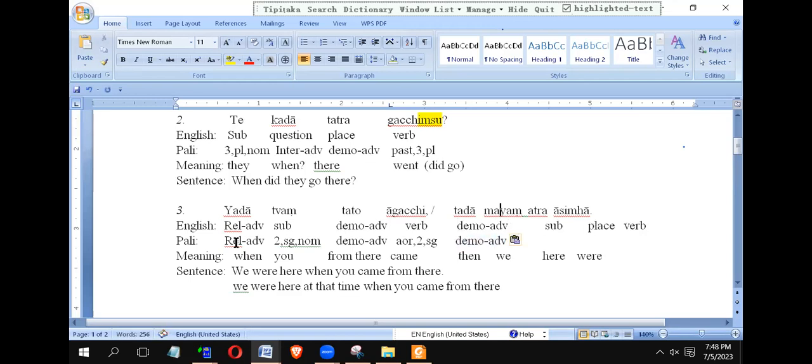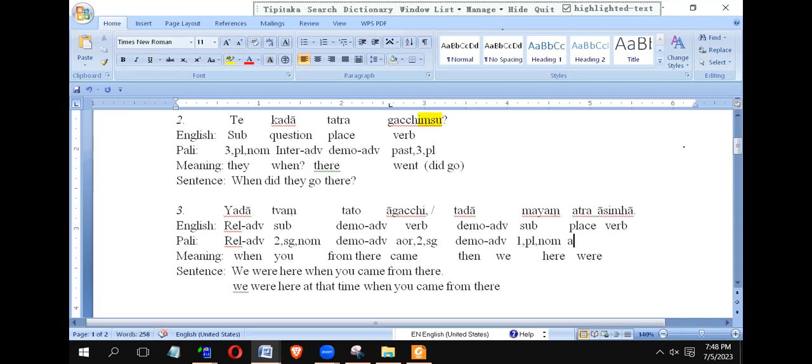First person plural. Okay, nominative. And tra is place. So it's also a demonstrative adverb of place, right?